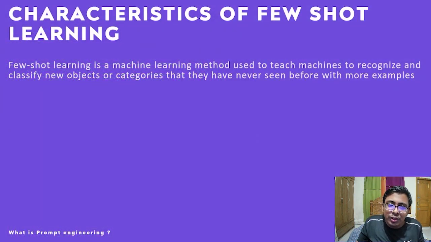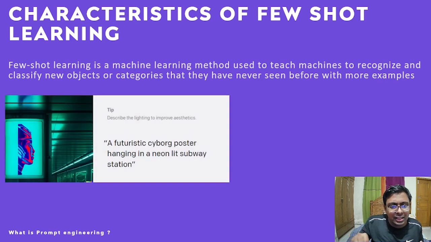So what is few-shot learning? In few-shot learning, you are giving the model more examples. Here you can see some examples generated by DALL-E. You can see this image on the left portion, and this is the text that has to be written: a futuristic cyber poster hanging in a neon lit subway station.